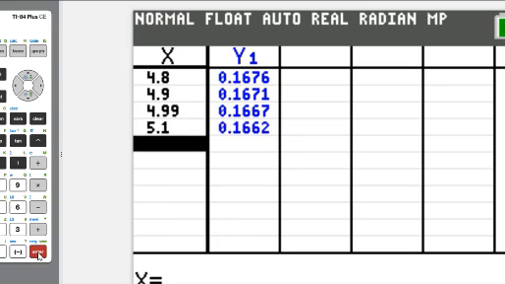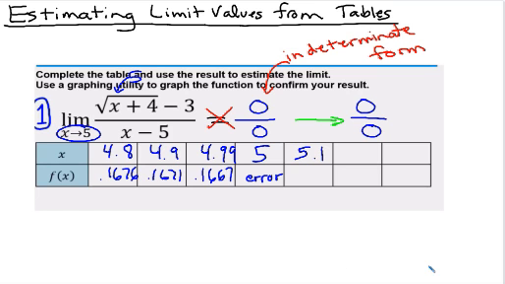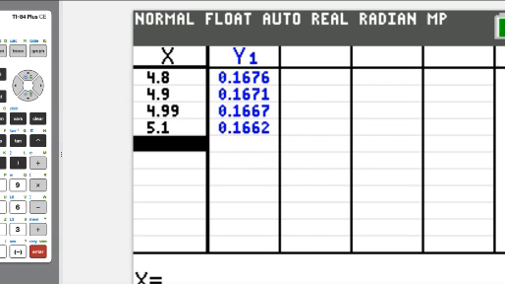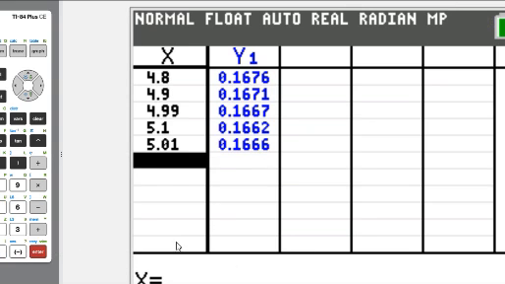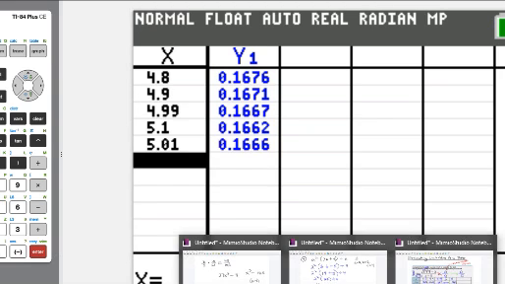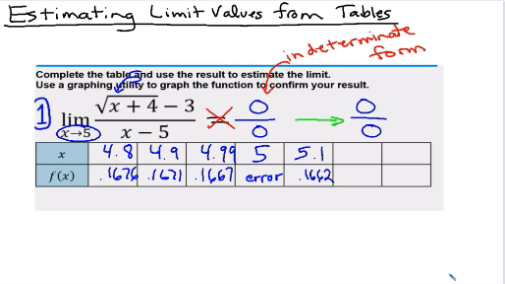That looks encouraging. 0.1662. That's good news. Let's try 5.01. Hey, 0.1666 repeating. That's everybody's favorite number.